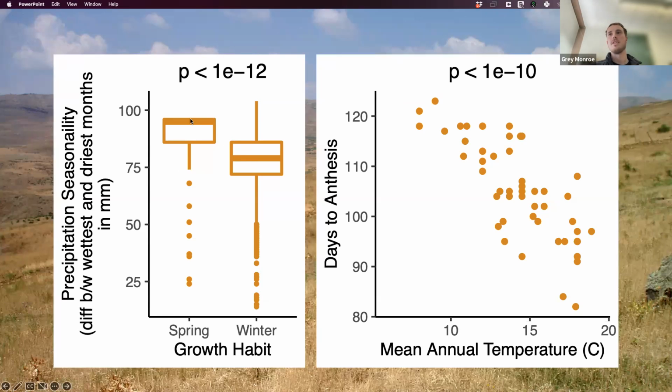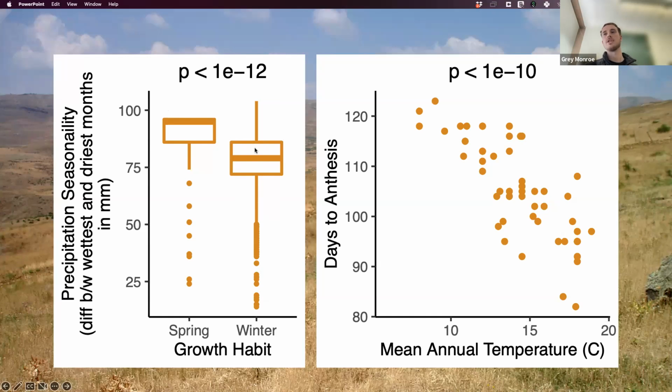So what we think is going on is that in environments where there's a very dry winter, they actually avoid that winter by waiting to germinate until the spring. But in environments that have less variability, in wetter winters, they take this winter habit, which allows them to continue to grow during the winter a bit. So these two different strategies that we're observing reflect differences in climate.